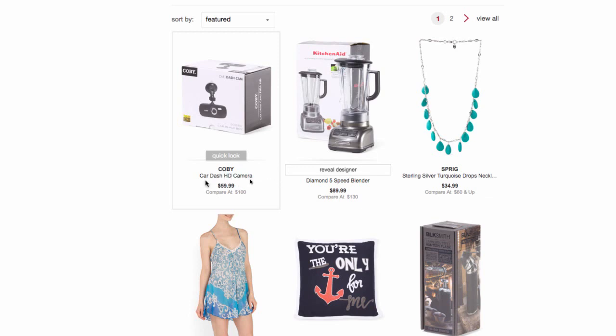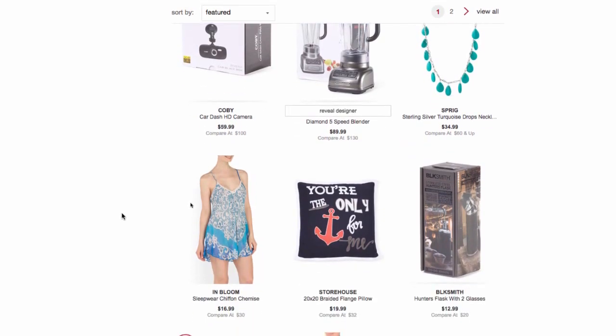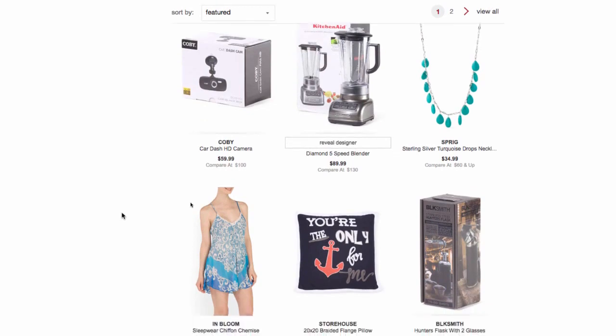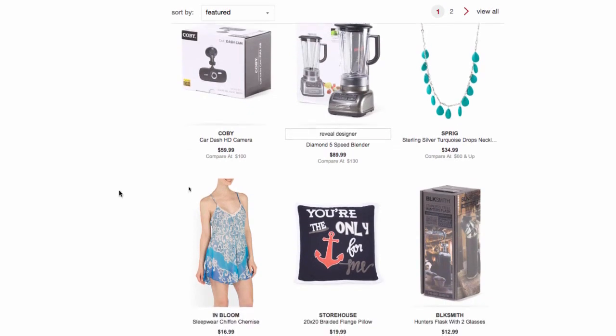Like for example, this Kobe one, car dash HD camera, right? If you were doing retail arbitrage, this would be a little bit confusing, but because you're doing the PPI method where you're just looking for search terms, they're like, boom, here's the search term we think is best for that. So I like it from a PPI method. Really, again, I'm just looking for interesting products that I would have never thought of on my own.